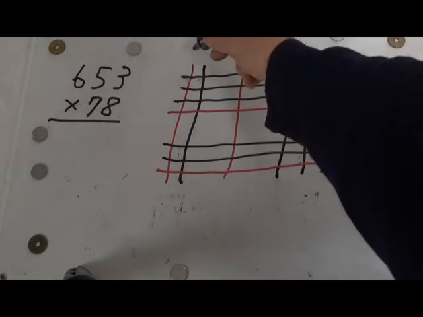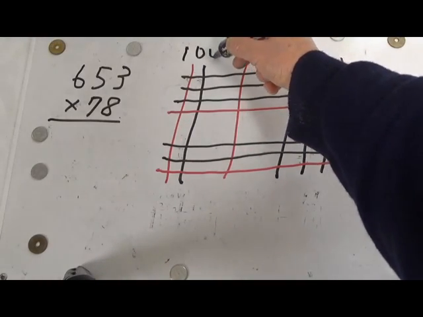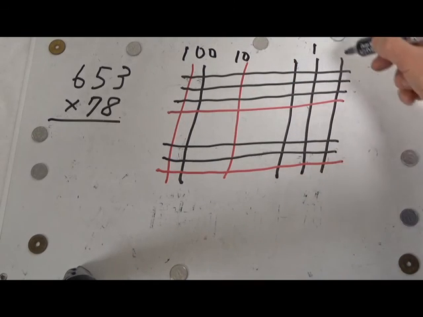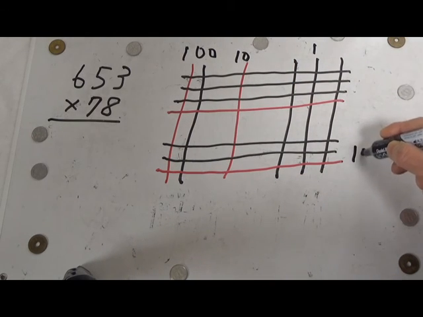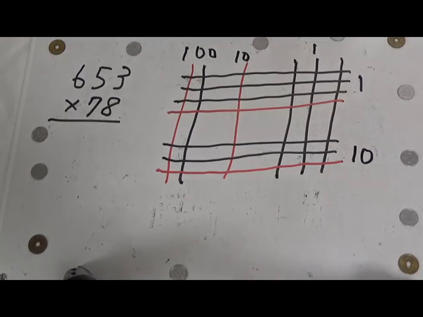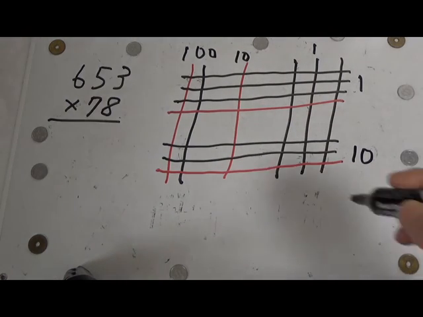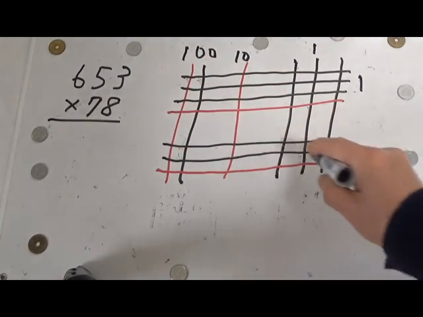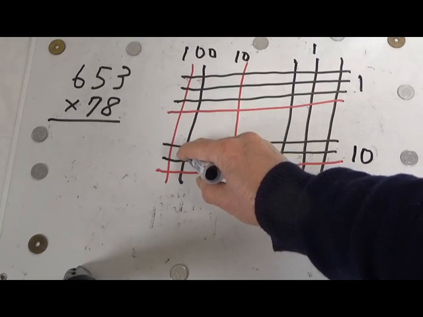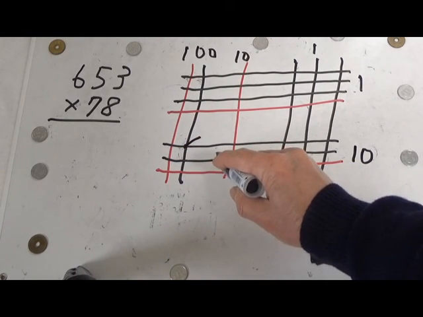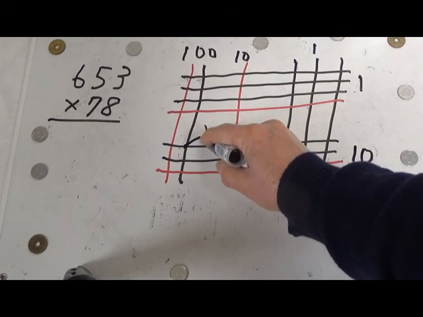This is 100, this is 10, this is 1 line, this is 10 lines, this is 1 line. First we think about this point. These are 100 lines crossing with 10 lines. So the number of crossing points is 1000.